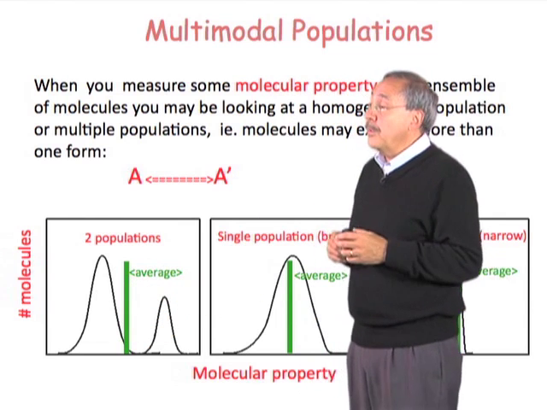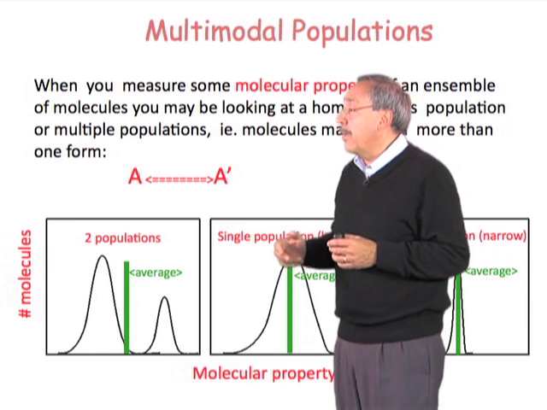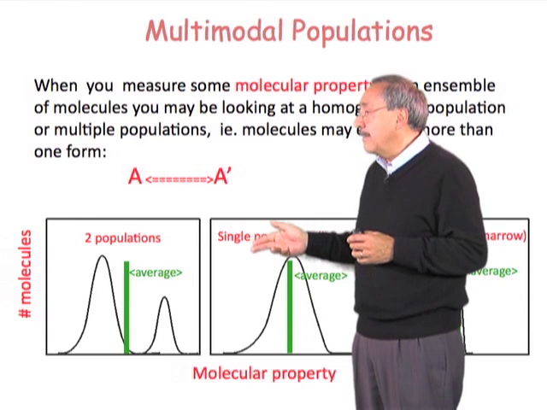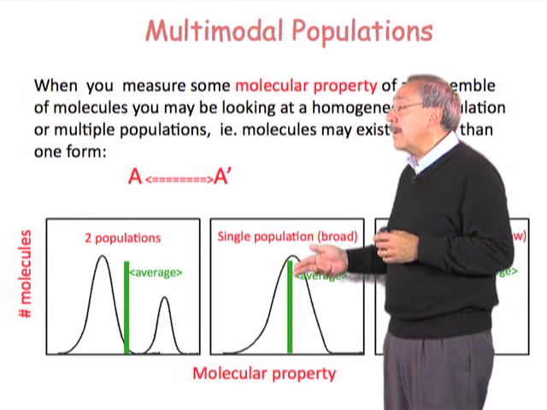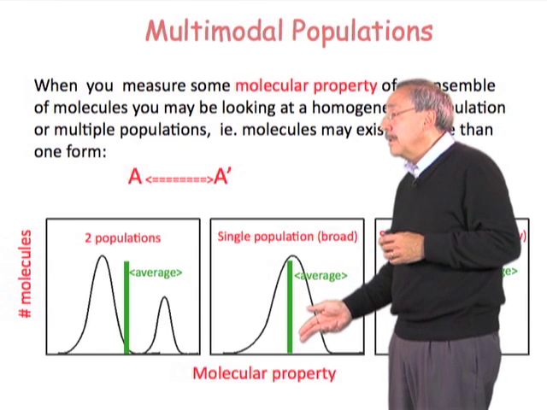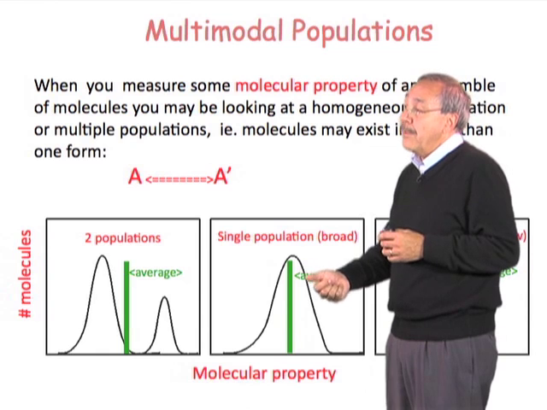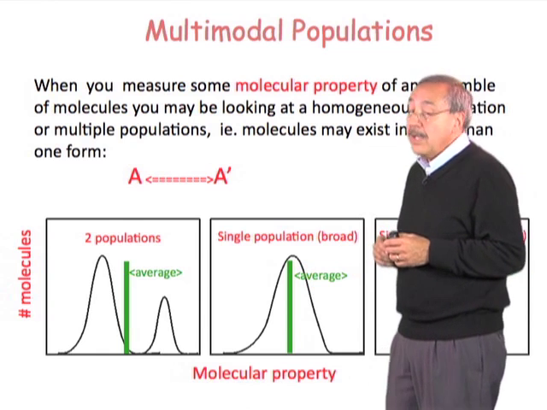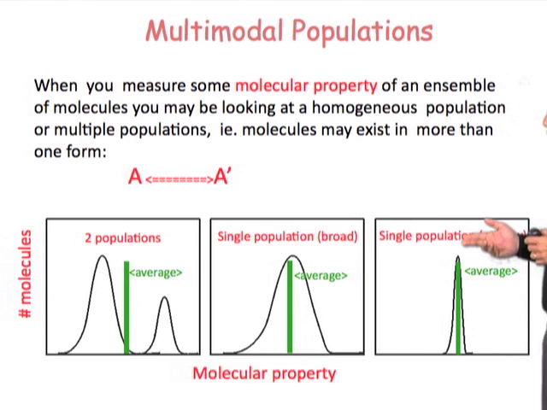But it is also possible that the molecules actually exist in a single population that is very broad, as indicated here in this second panel, right? In this case, you may end up actually having the same average, but now you have just a single population that has a rather broad distribution. Or yet, in an even more extreme case, you may have just a single population, as indicated here, but with the same value of average.